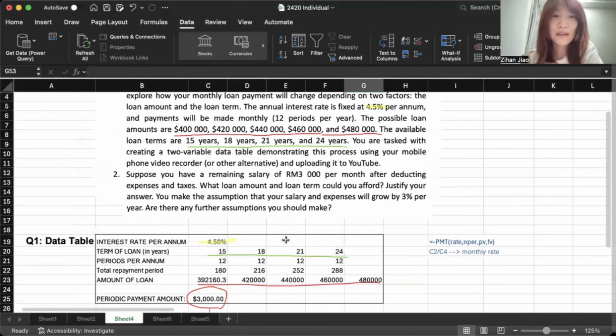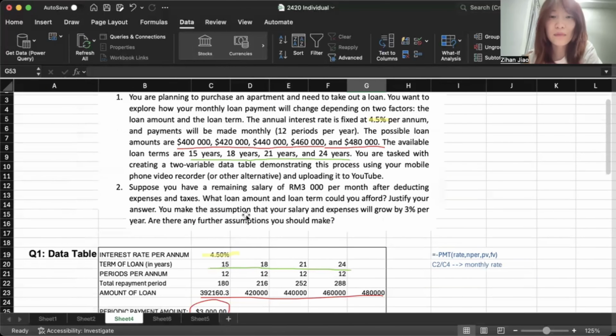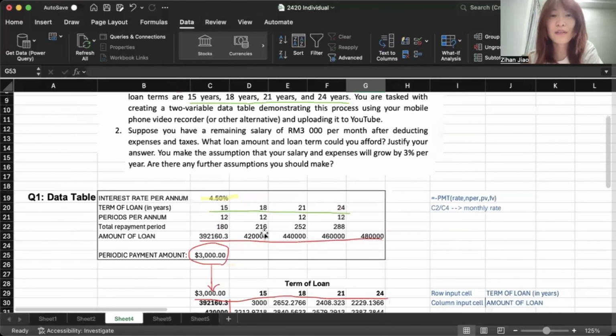Because like the question says, you make the assumption that your salary and expenses will grow by 3% per year. Are there any further assumptions you should make?